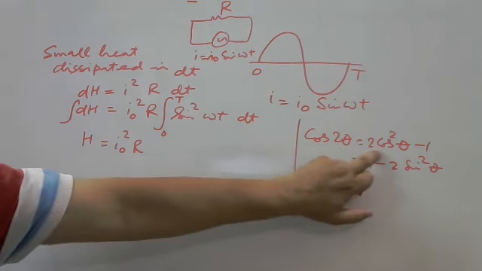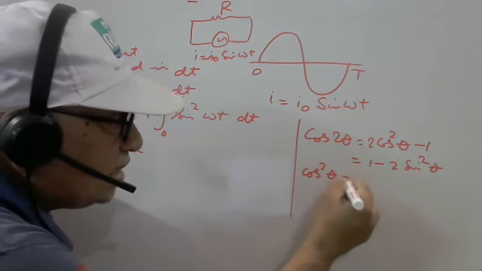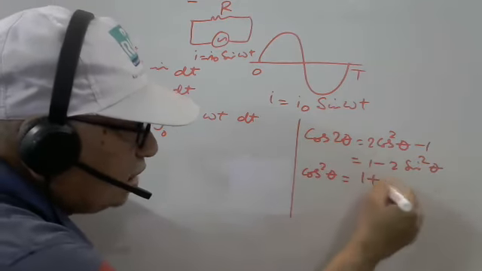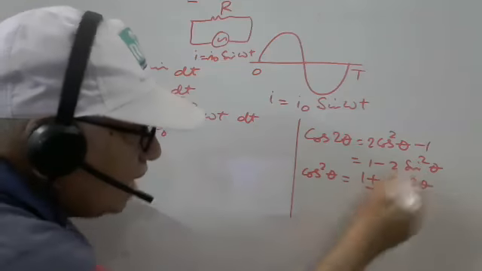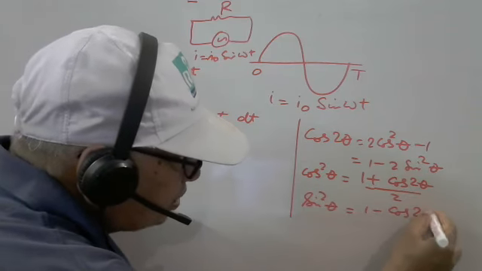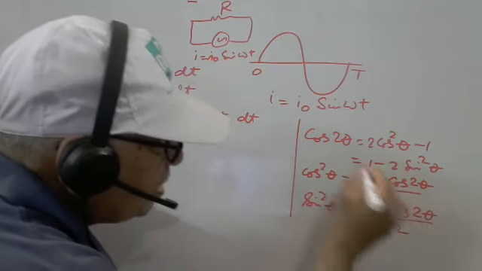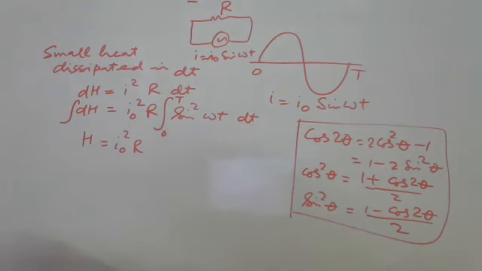Cos square theta can be written as 1 plus cos 2 theta upon 2, and sin square theta can be written as 1 minus cos 2 theta upon 2. So you know this formula. Note down this also.